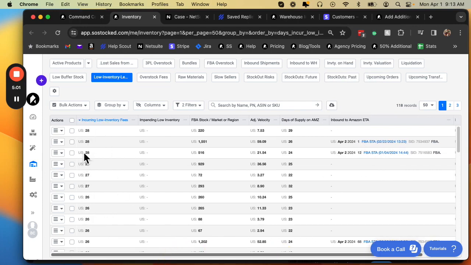I can't stop paying fees on these at all because I'm already paying them. I'm already under that 28-day threshold. So what do we do about it? Well, I can get inventory to Amazon as quickly as possible. That's really the solution, right? So that my rolling 30 and 90 days of supply goes above that 28-day threshold.